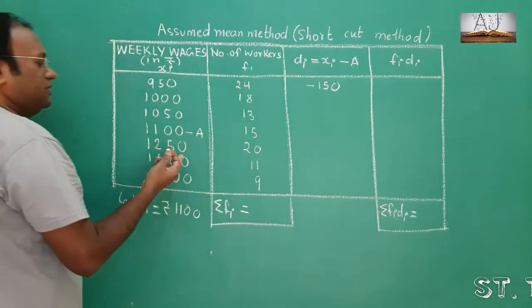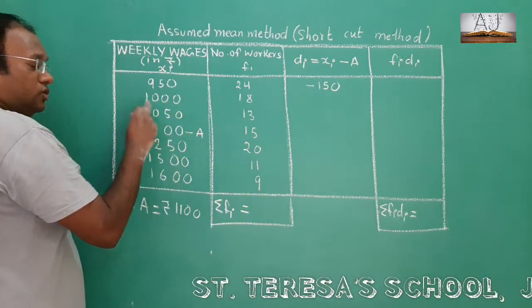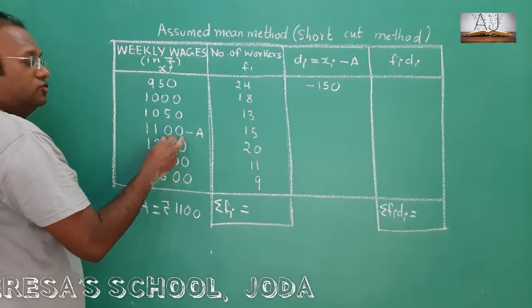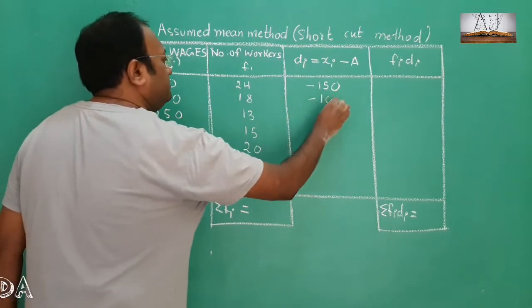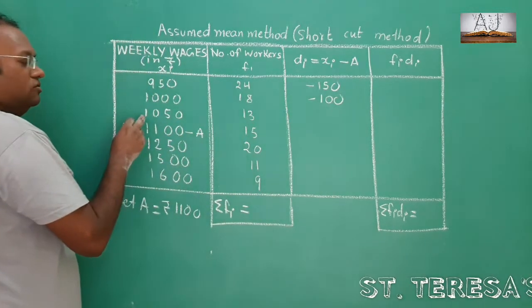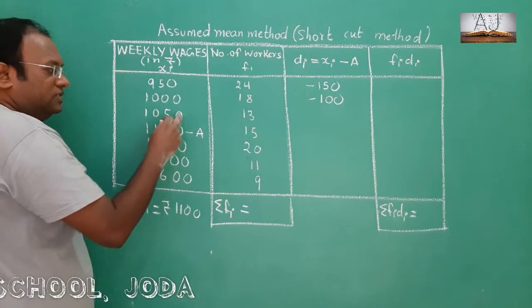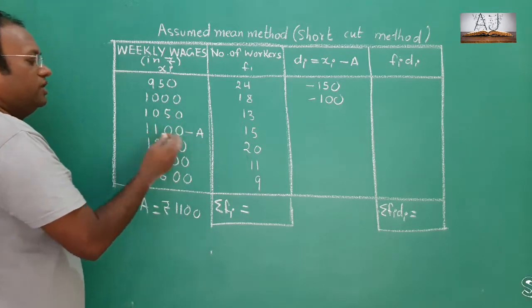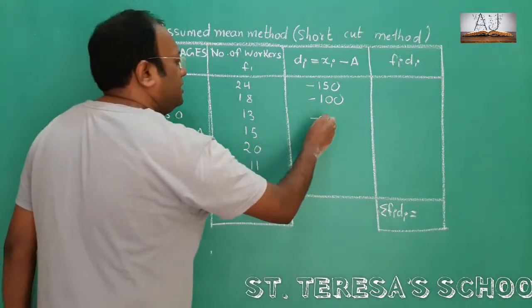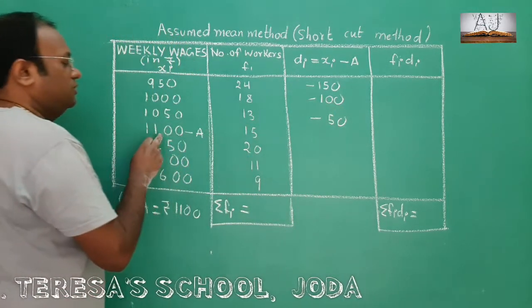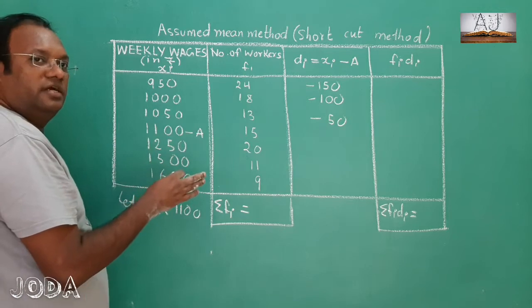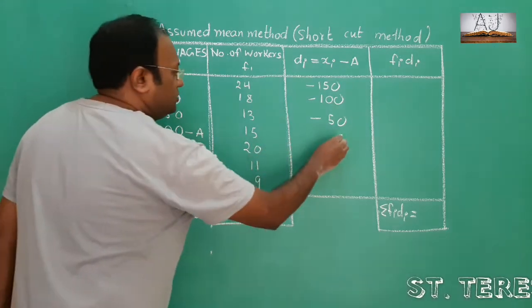Similarly for the second one, 1000 minus 1100 comes minus 100. For the third, 1050 minus 1100, Xi minus A, so it comes minus 50. For the next one, 1100 minus 1100 becomes 0.